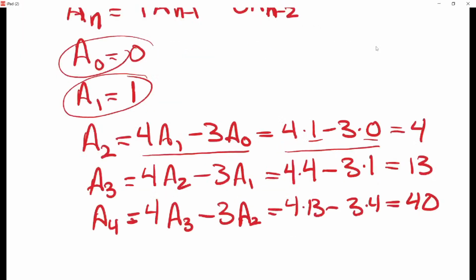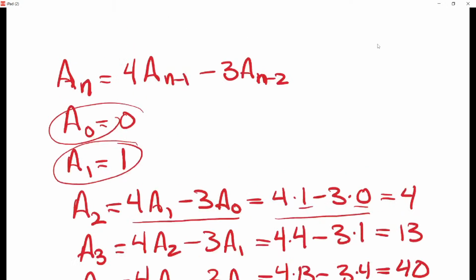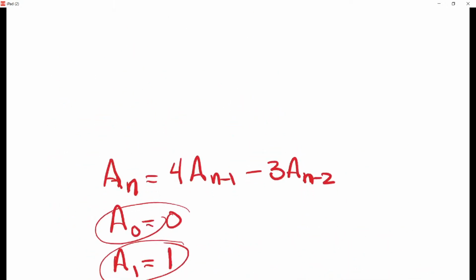Like I said, if you're a differential equations person, this will seem super familiar. So here's my guess: a sub n is equal to r to the n. And you might say, where are you getting r to the n from? The reason I'm using r to the n is because this is the solution to the geometric series, and this feels sort of geometric.